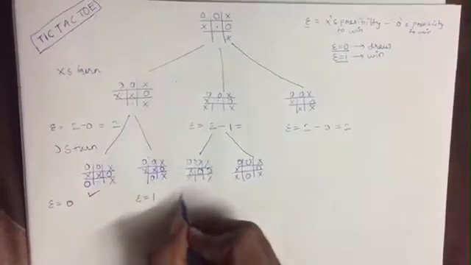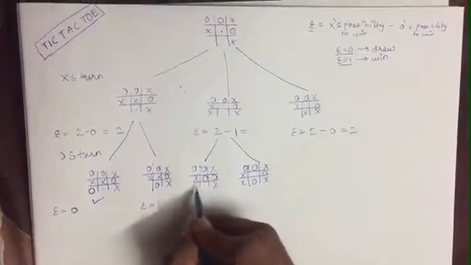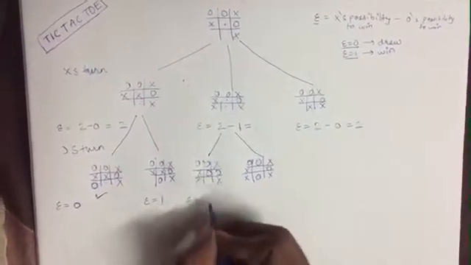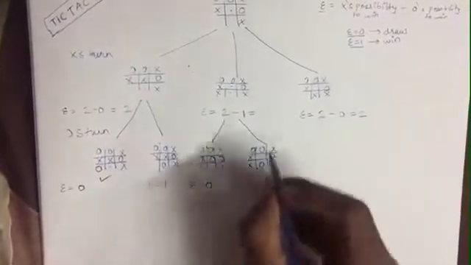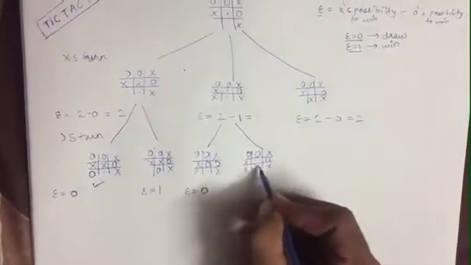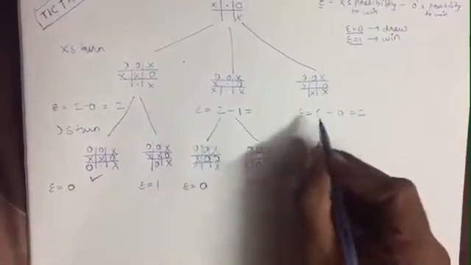Now calculate E for this one. Here winning possibility of X is equal to 1 and O possibility is also 1. So here E will be equal to 0. In this one, X possibility is equal to 1 winning, and for O is also 1. So here E is again 0.